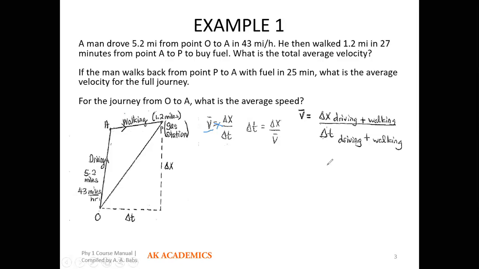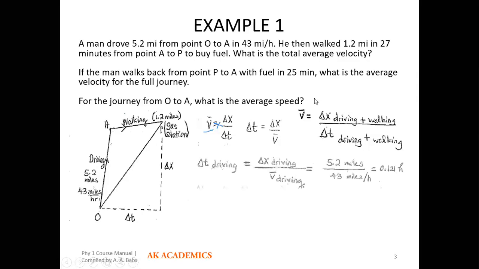And then total time will be change in time of driving plus change in time of walking. So if we take it further from here, how do you find your change in time for driving? Change in time for driving will be given as change in position or displacement of driving divided by the average velocity of driving.